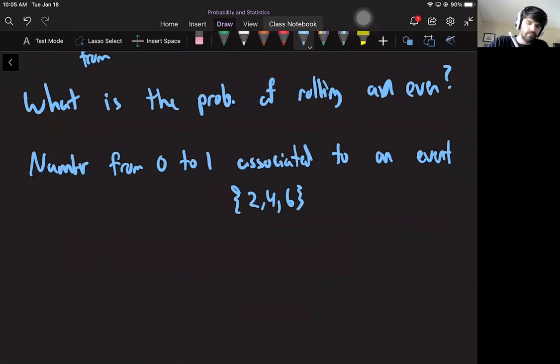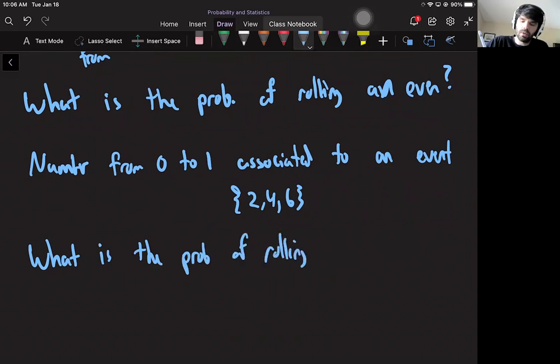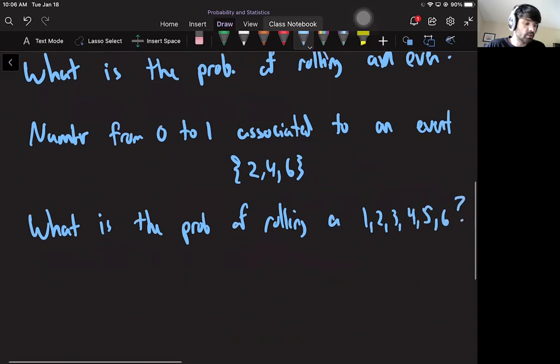What about something like this? What is the probability of rolling a 1, 2, 3, 4, 5, 6? Well, those are all the outcomes. So it's not really just a number from 0 to 1. It's just going to be 1.